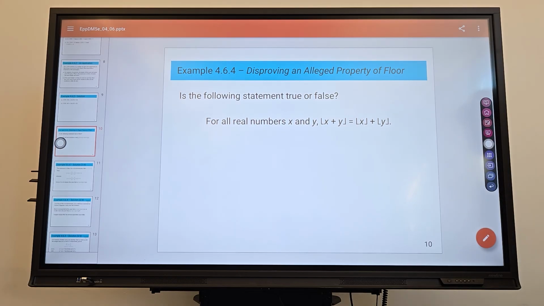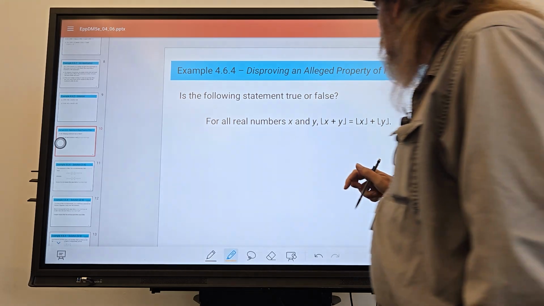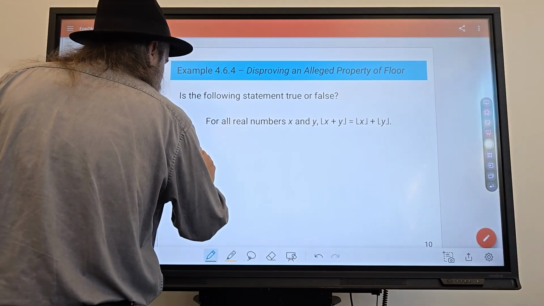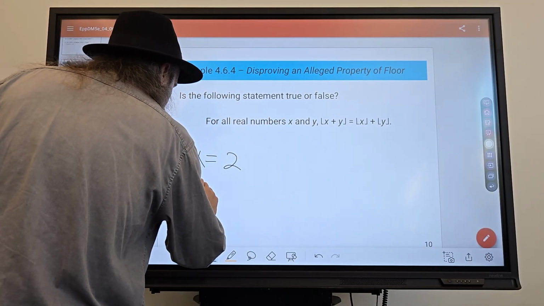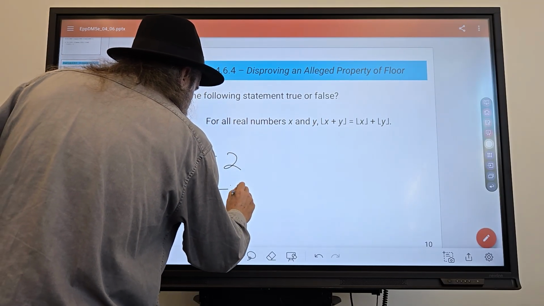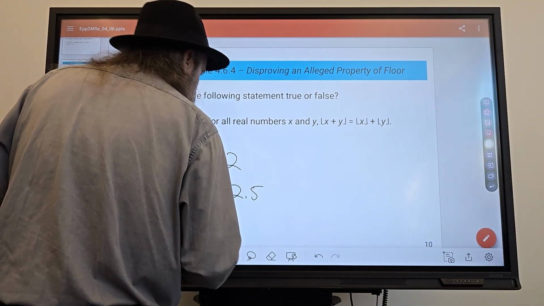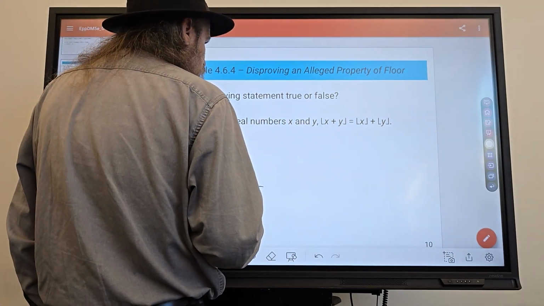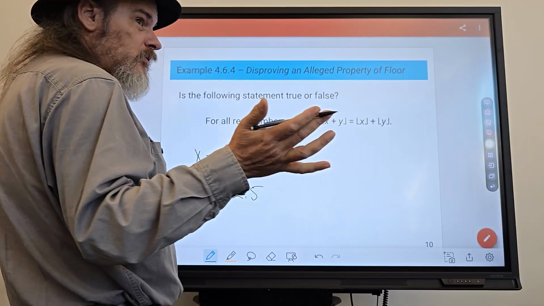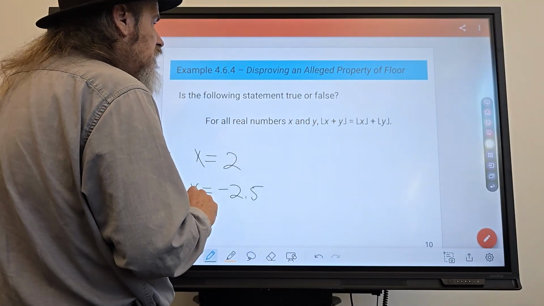Let's do this out on the board here. If x equals 2 and y equals minus 2.5, the floor, I don't know if this is going to work out or not as a counterexample.